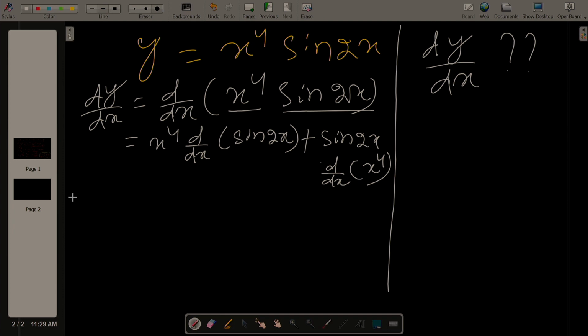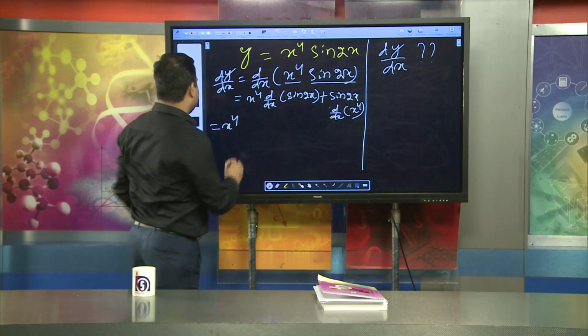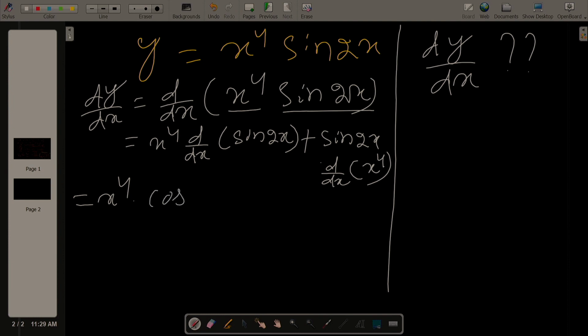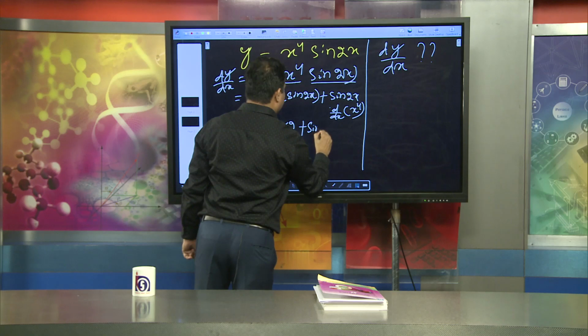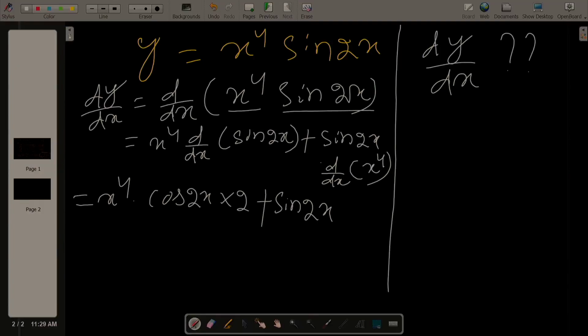Okay. Now, you will find x fourth times the derivative of sin 2x, you know that cos 2x and 2x का derivative जो है into 2, plus sin 2x and x to the power 4.